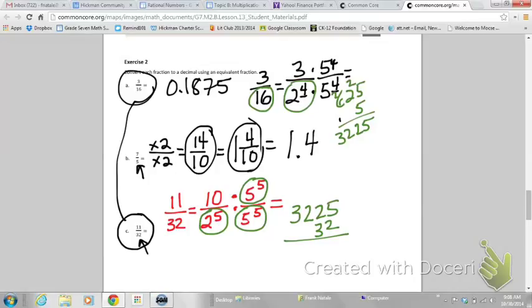Okay, and that's what I'm multiplying across here. So this is 32.